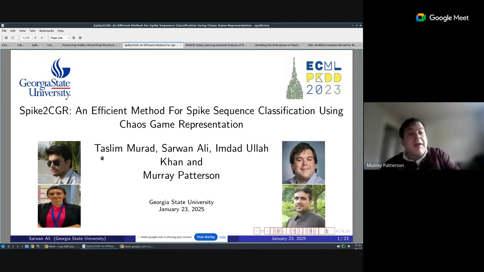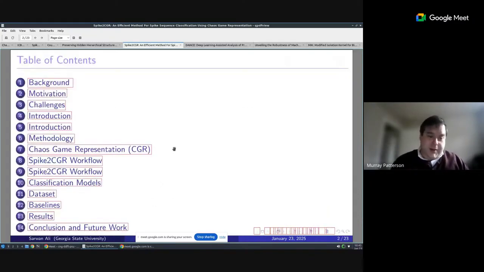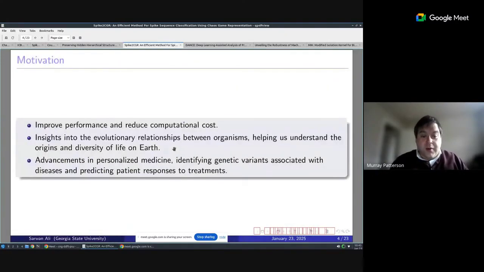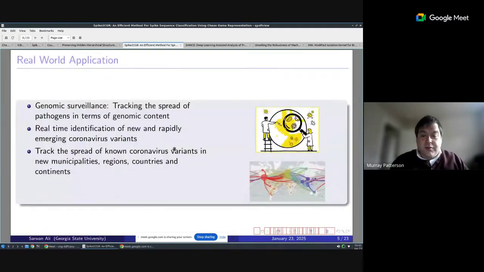He joined the group at the beginning, and Spike2Vec was what launched his career. Another student, Tasleen, did this work, so she really went into deep learning approaches based on chaos game representation. This was one of our first papers exploring deep learning approaches to this domain, right? I won't go too much into that.